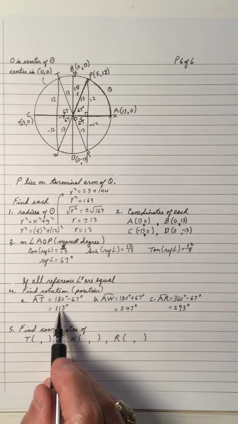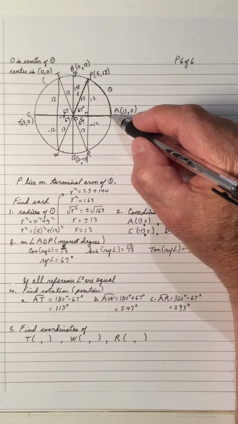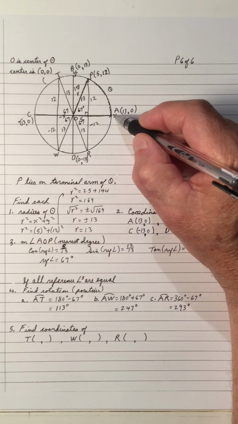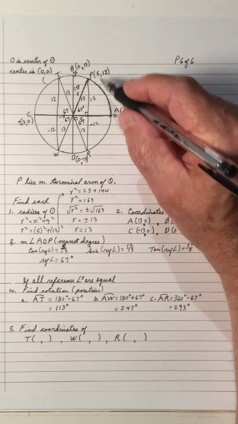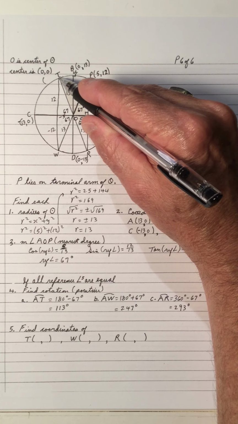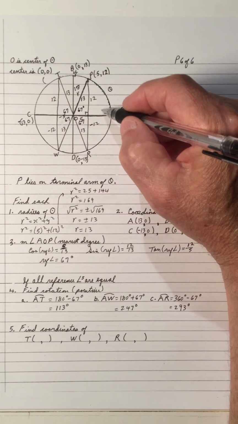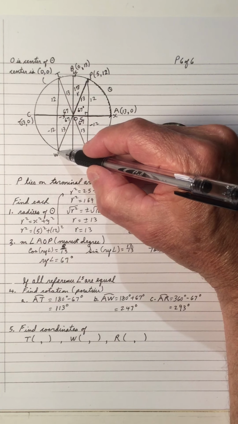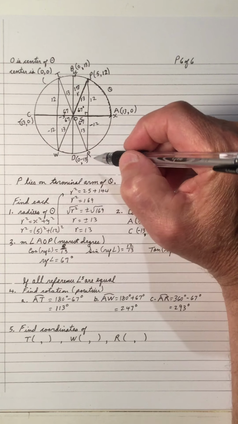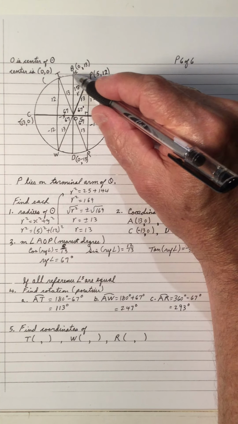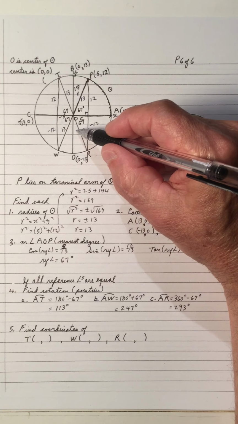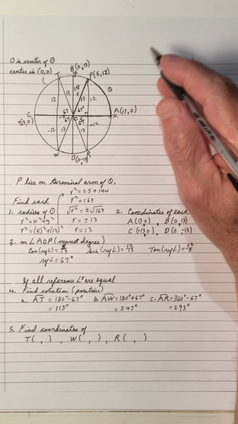So these are the other rotations. If you took this point, 13, 0, and rotated 113 degrees, you would get the coordinates of this point. If you rotate it 247, you get the coordinates of W. And if you rotate it 293 degrees, you would get the coordinates of R.